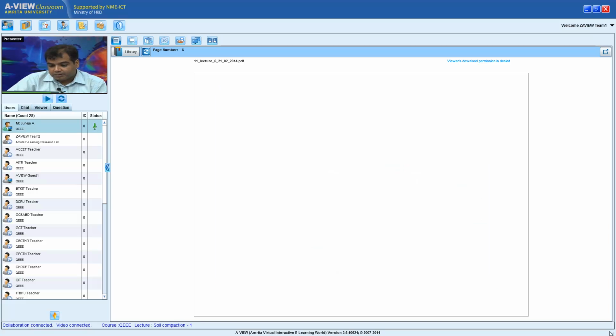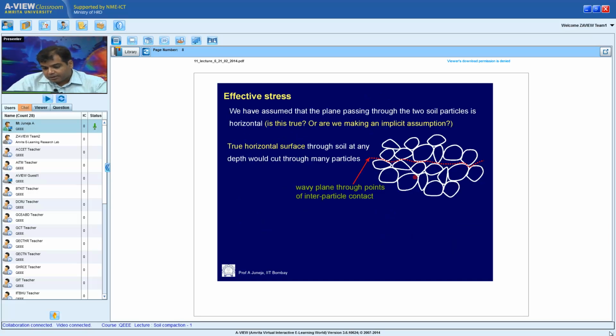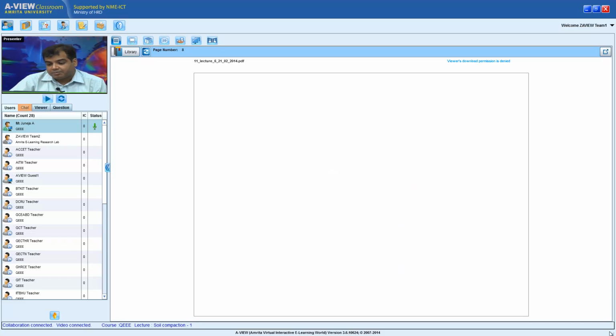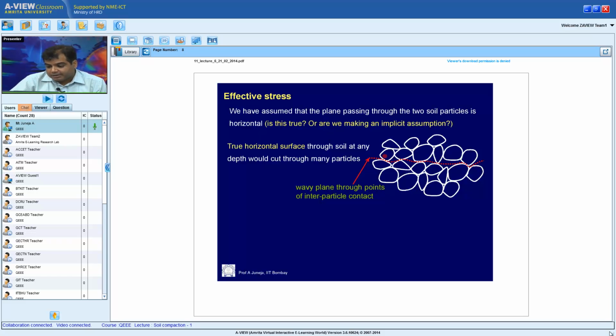Let me go on to the next slide, please. We have conveniently assumed that the interparticle plane is horizontal. Let me go back, please. This plane we say is horizontal, right? So all the force is transmitted through interparticle contact, which is horizontal. There could be millions of other particles as shown in the cartoon over here.